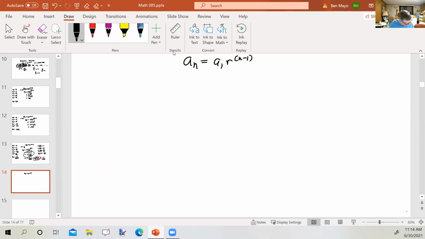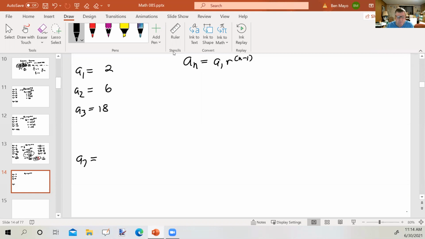It says the first 3 terms are 2, 6, and 18. It says find the 7th term. They've given us the first 3 terms. They want us to find the 7th term. The thing they haven't given us is the common ratio.